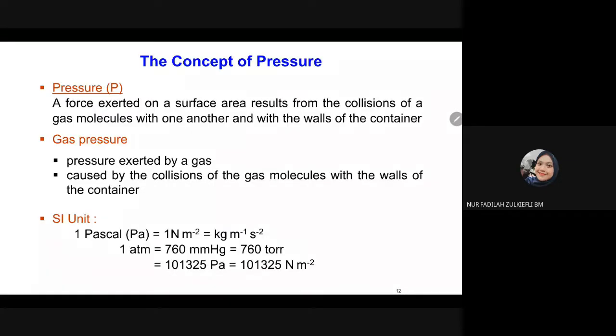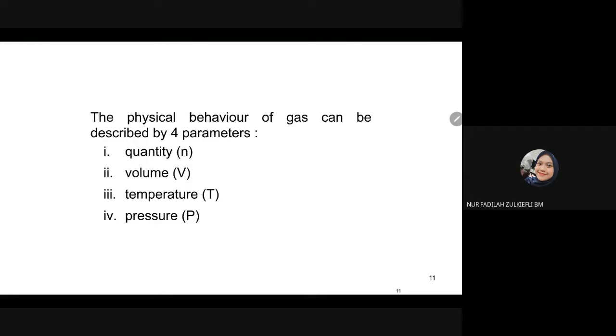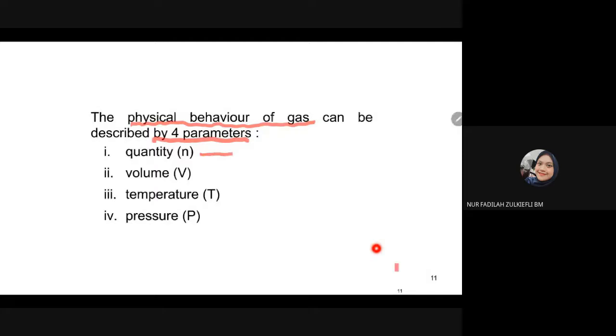Okay, so next, kalau boleh clear yang ni. Okay, so ini pun penting juga sebelum kita masuk calculation. Okay, so the physical behavior of the gas, kita akan study in terms of 4 parameters. So the first, when we are talking about gas mesti ada amount of gas. So the amount of gas kita study dalam bentuk mole. So N ini adalah number of mole lah. Okay, so gas must occupy certain volume. So dia mesti ada volume, kan?